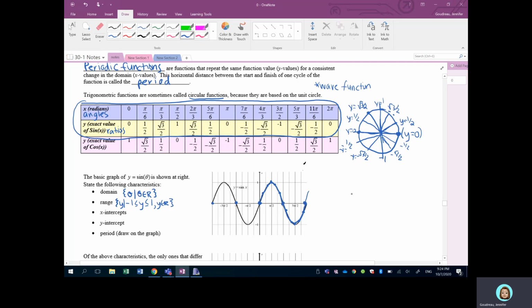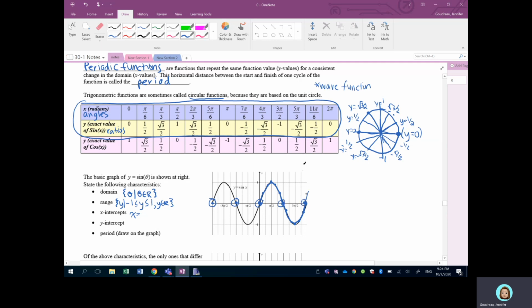So because we can't possibly list them all, what we're going to do is state the x-intercepts using a general statement. Here's what I notice about where the x-intercepts are here. They're at -2 pi, at -pi, at 0, at pi, at 2 pi.